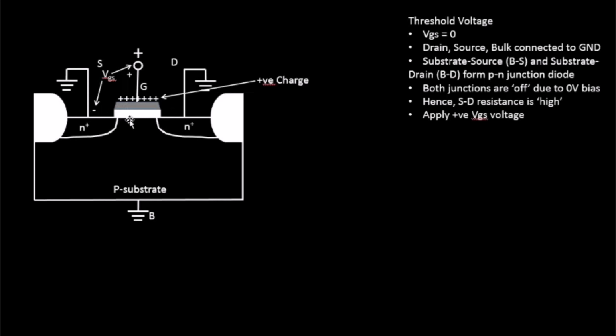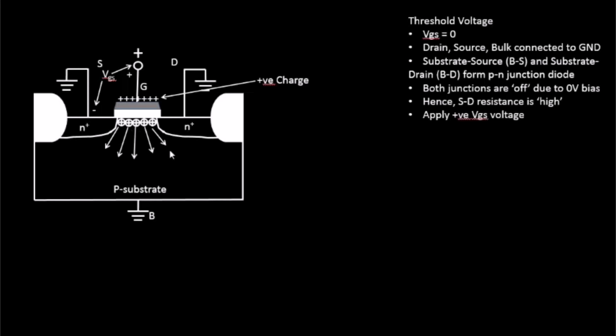It will repel all the P-type holes towards the P-type substrate, because like charges repel. The same property of the magnet is being applied over here: the positively charged holes present in this area will be repelled from this area. And in the process, when these holes leave their position, they leave behind negatively charged ions. That's the property of a positive charge hole.